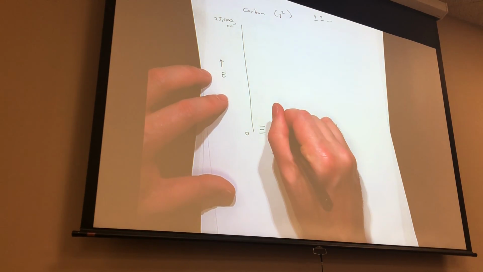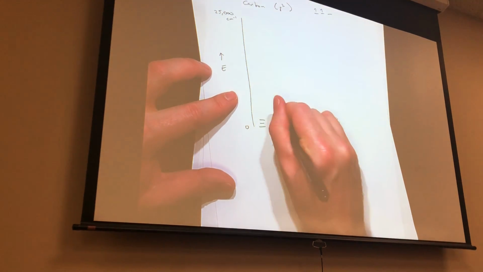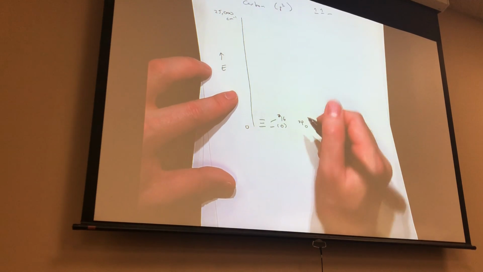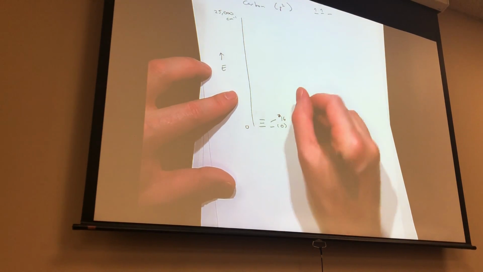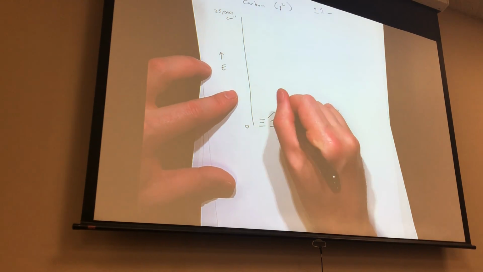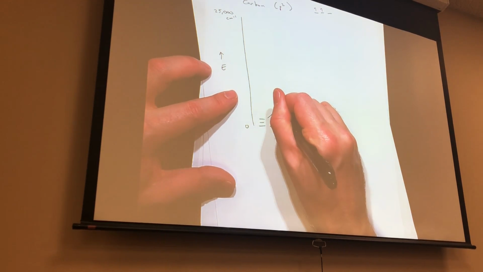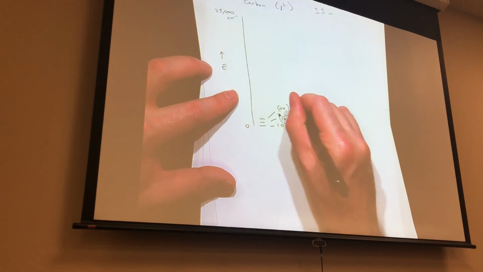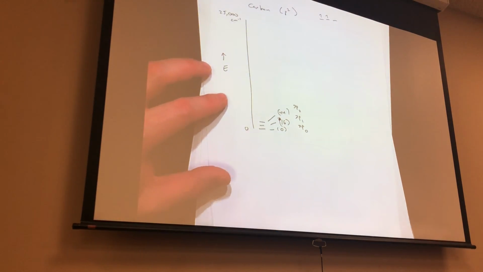Our next state would be a triplet. It's at around 16 inverse centimeters, so very, very close to 0, but slightly higher in energy is the triplet P1 state. And then slightly higher than that at around 44 inverse centimeters, weirdly they're not equally spaced, is the triplet P2 state.